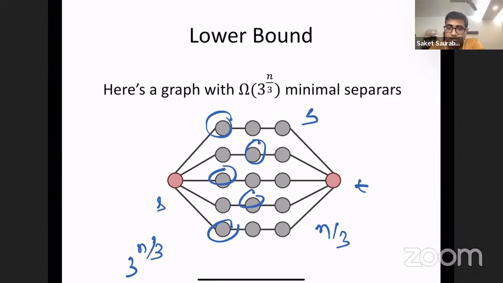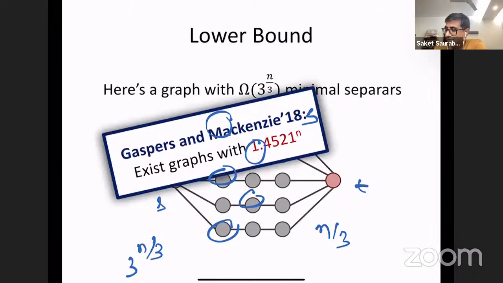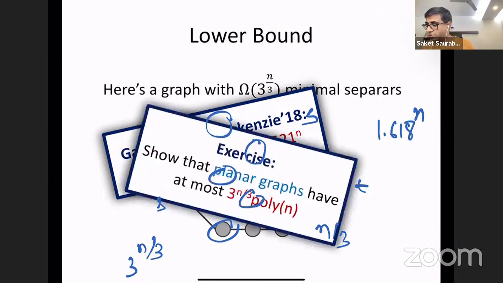You might think that this graph is always giving just these 3 to the power n by 3 separators. Well, there is a paper by Gaspers and McKenzie in 2018 which says that graphs can actually have slightly more, but in terms of upper bound, we still know only these. So there's still a large gap between the lower bounds that we are able to show and the upper bounds.